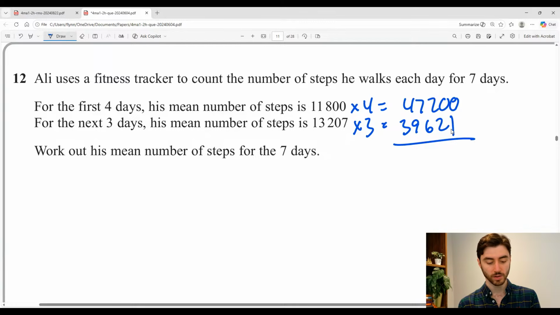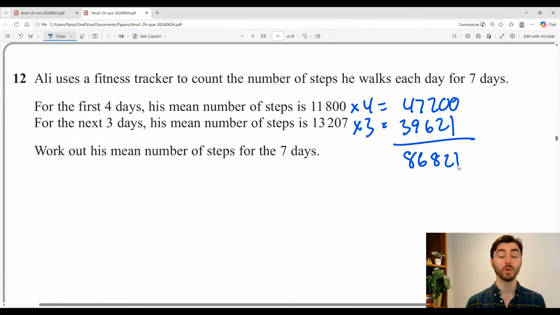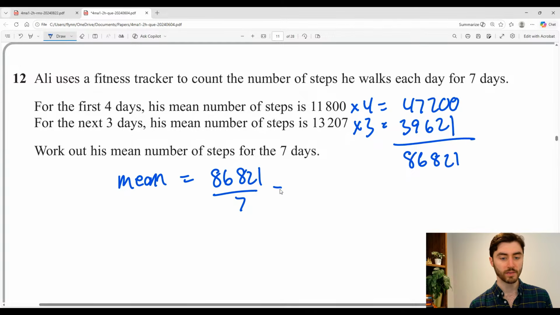So 47,200 added onto that gives me a total of 86,821 steps over the 7 days. So the mean is that total of 86,821 all over 7, which gives me 12,403.